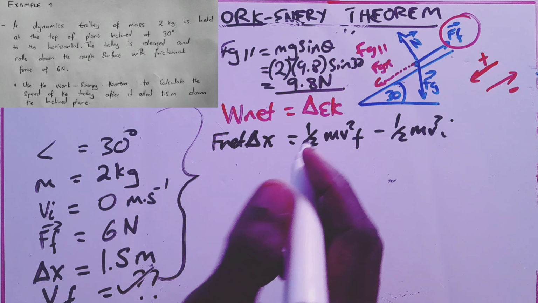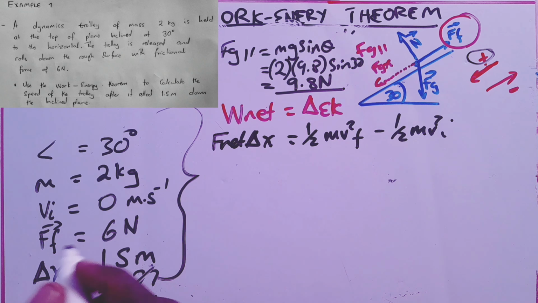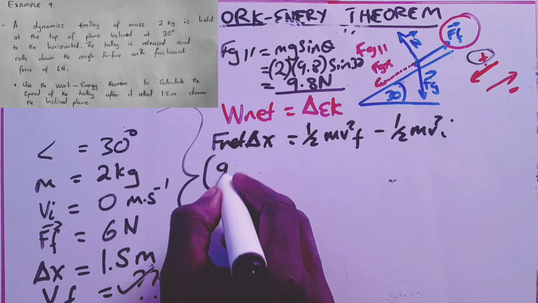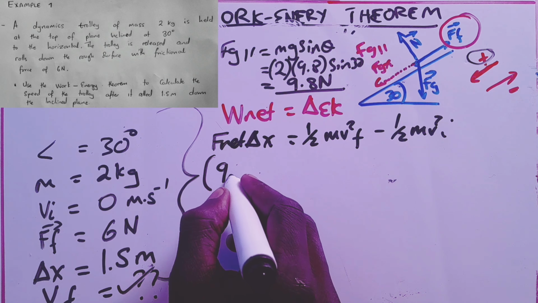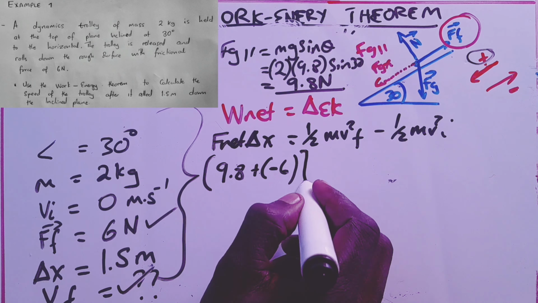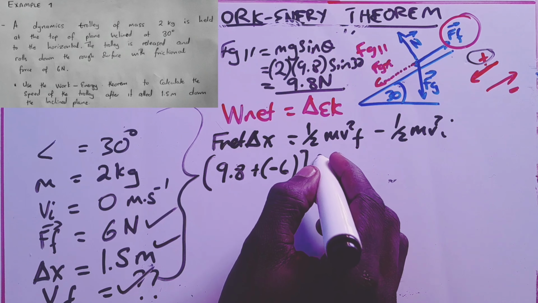So for our F net now, we said our Fg parallel is going down the plane, so it should be positive. So this means that this is 9.8 plus our negative frictional force, which they told us is 6, right? Multiplied by the displacement, they said it is 1.5.